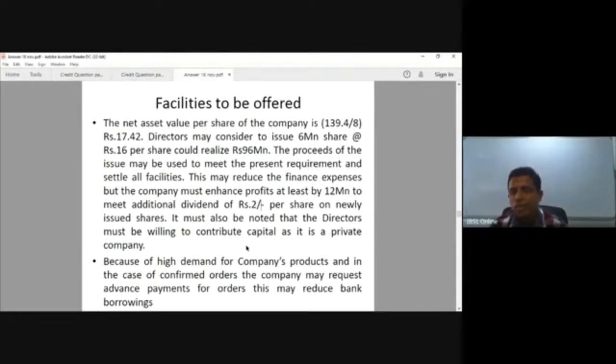Ask your foreign clients and local clients to make some advance payments. Using those advance payments, you can take the working capital and the machinery that you want. That is the final option I am proposing. Right. That is the end of the first question. If you do have any questions, you can ask.